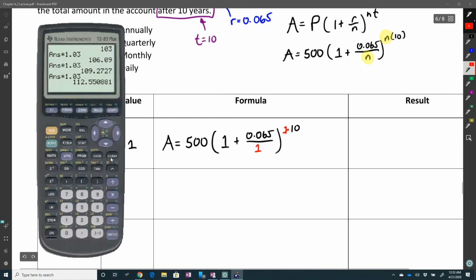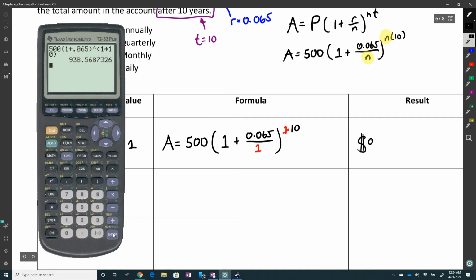And so this is the straightforward idea here. If I type all this in, 500, 1 plus 0.065 raised to the, and then you have to open up a parentheses, 1 times 10. I have 938 and 57 cents. Okay, money stops in pennies, 2 decimal places.